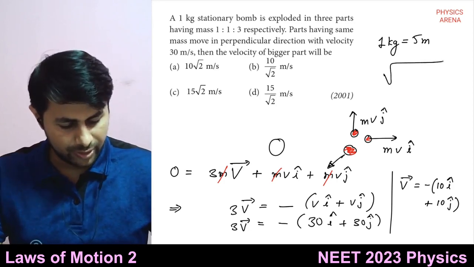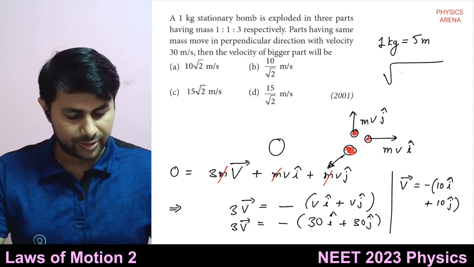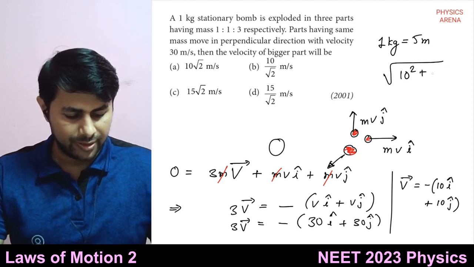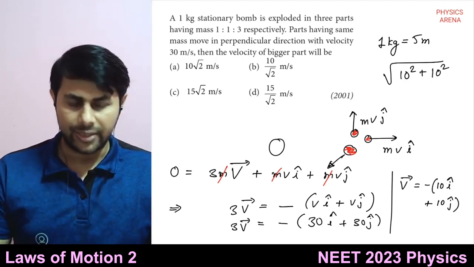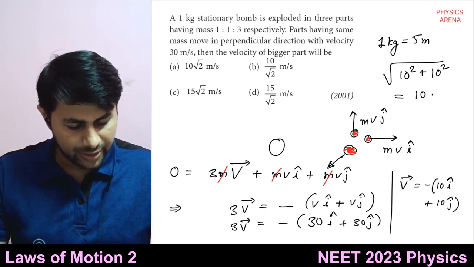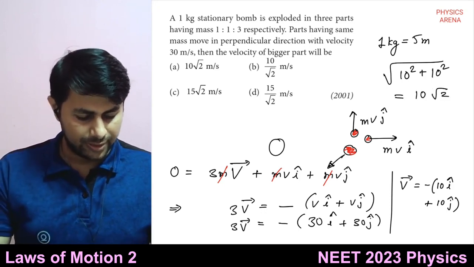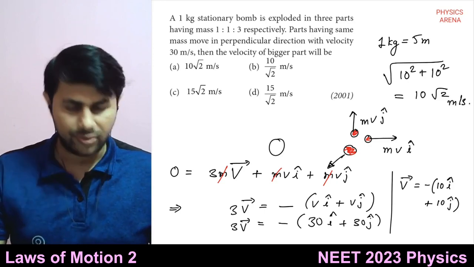So it is the square root of vx square plus vy square, the square root of 10 square plus 10 square, so 2 times 10 square. You can take 10 out. So it is 10 root 2 meters per second. This is your answer.